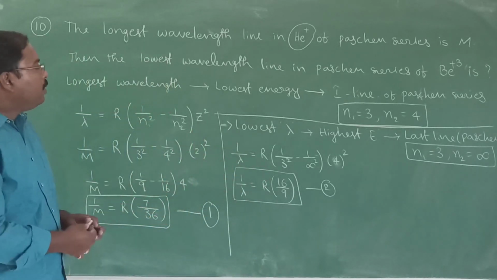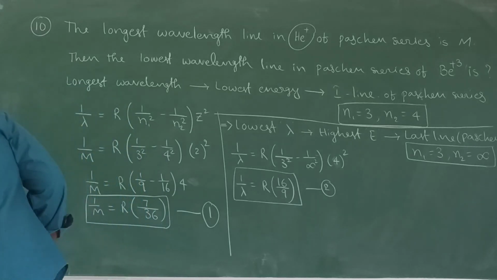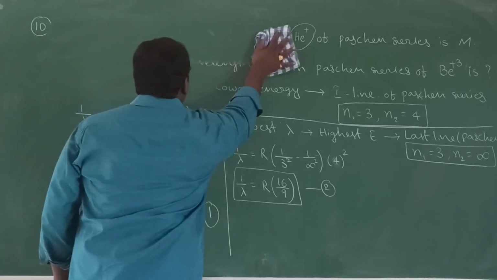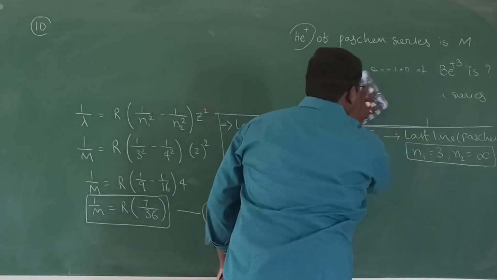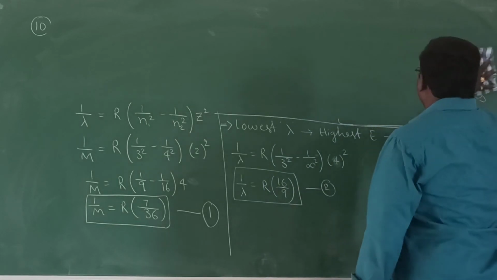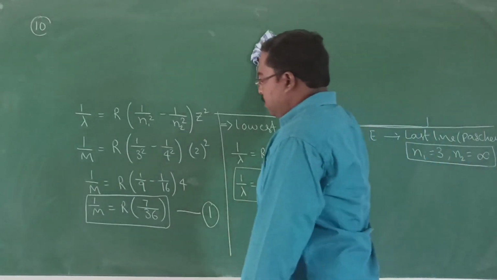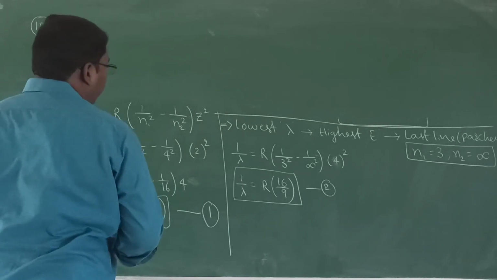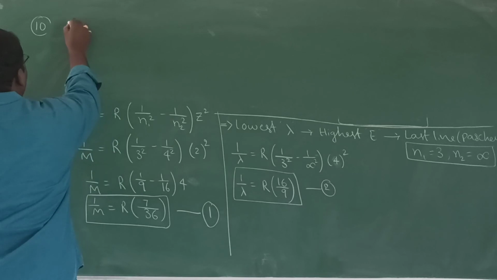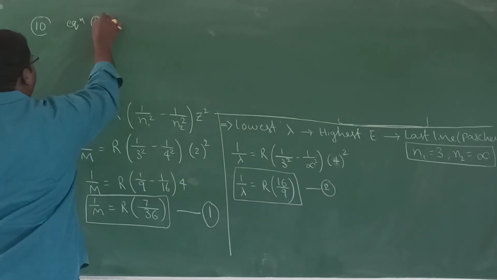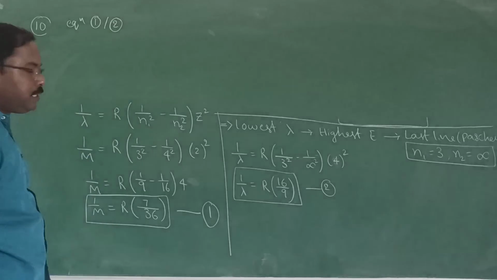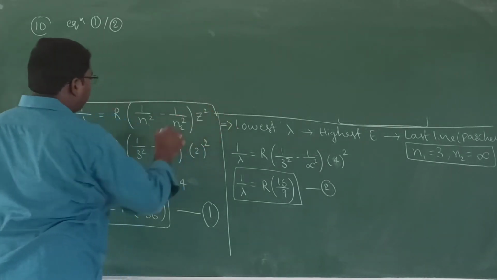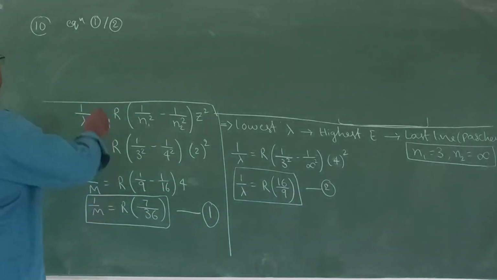Understood? Equation 1 divided by equation 2, what will it become?